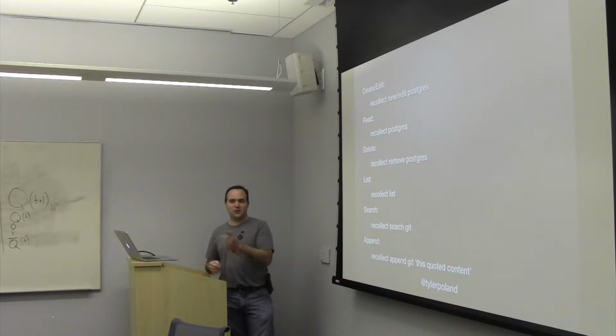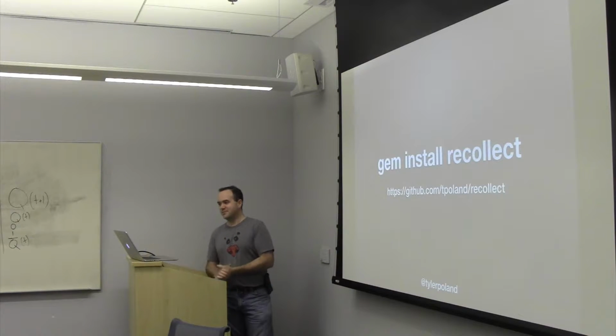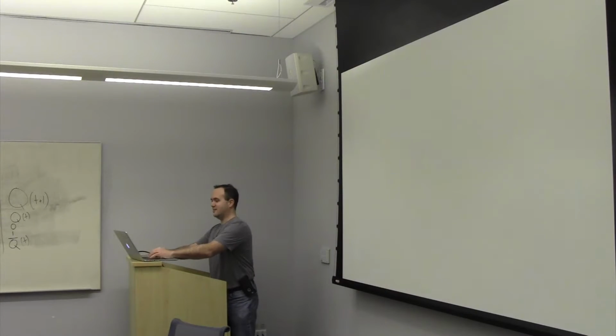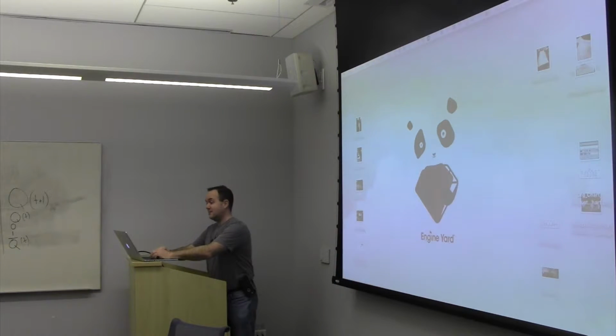If there's only one, it will suggest that one, and you can just say yes, and it'll open it for you. To install it, it's just gem install recollect. Send me your feedback, create a fork, and I will, let's see, just show you some of my recollections here.